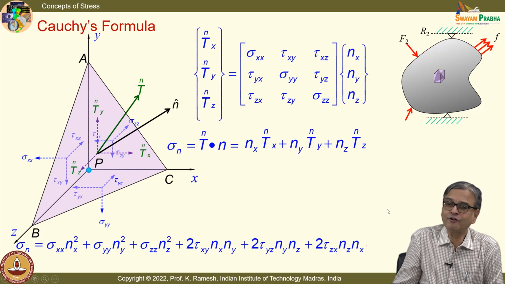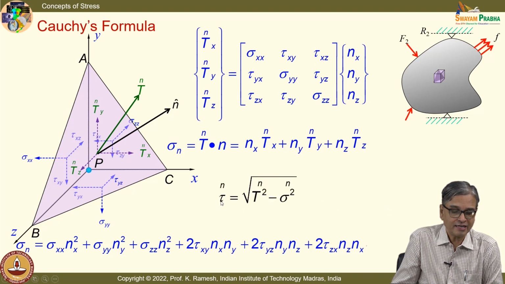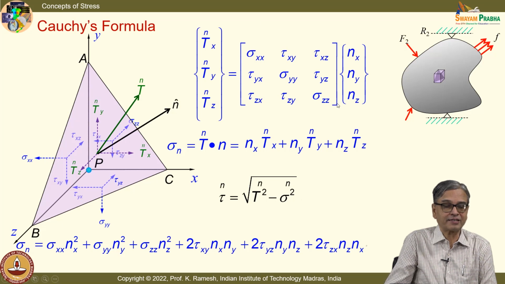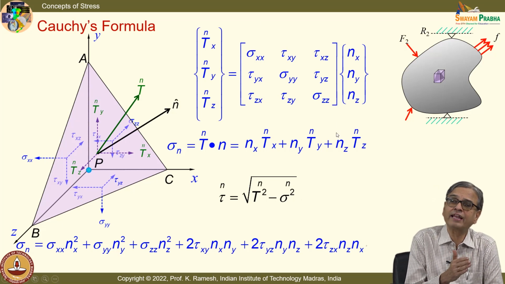Now if I want to find out the shear stress, it is easy for you to write the shear stress on the plane n as the square root of T squared n minus sigma squared n. And this is a basic expression, and you can coin a variety of problems.